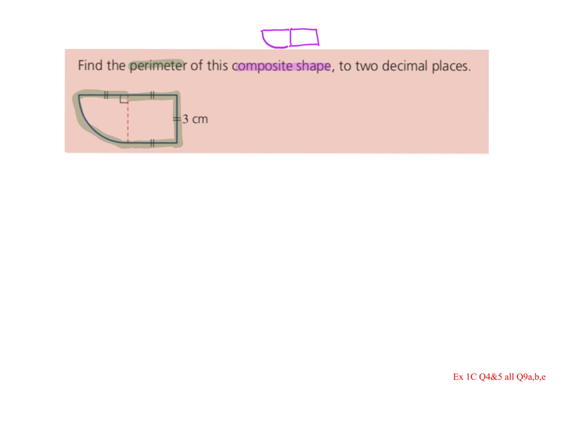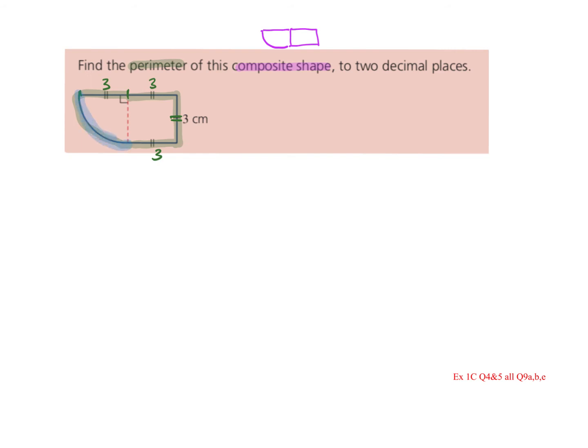Okay, so if we have a look, these 2 lines here indicate that that length is 3. So then this length is 3, this length here is 3, and this is also 3. So the only bit that I don't know and I need to work out is this bit here.